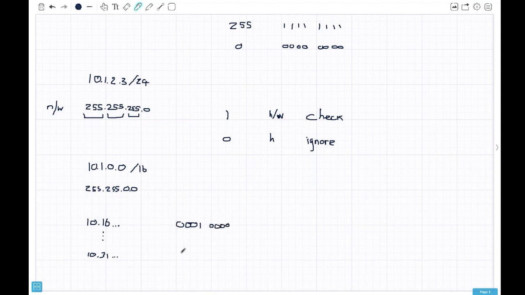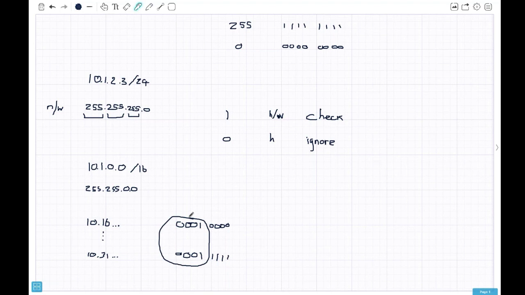Then we write down 31 in binary. And then we take a look at what they have in common. Well, 16 and 31 have that in common.